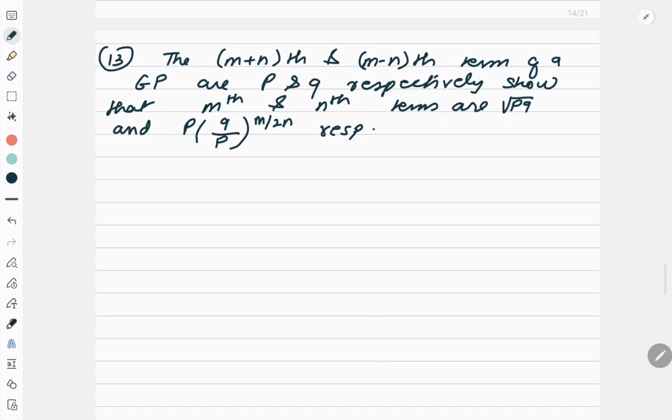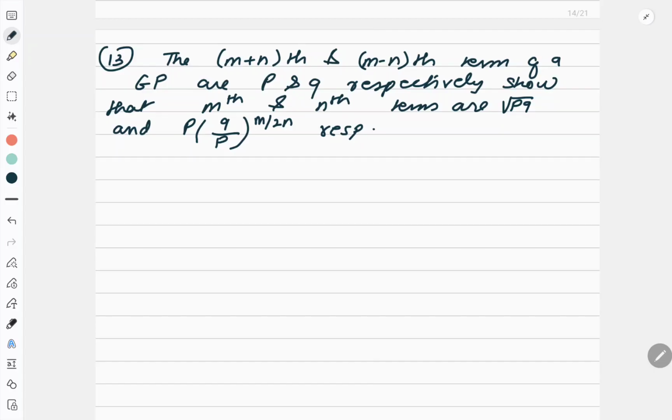Now look at this question. The m plus nth term and m minus nth term of a GP are P and Q respectively. Show that the mth and nth terms are this. So whenever you see this type of question, don't get confused. Just note down what information they have given.